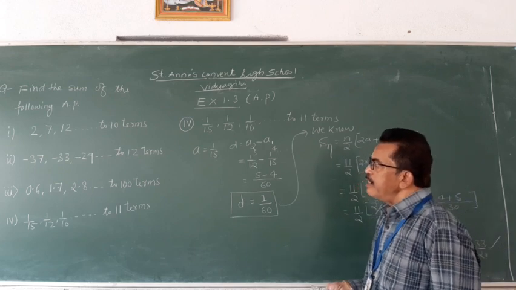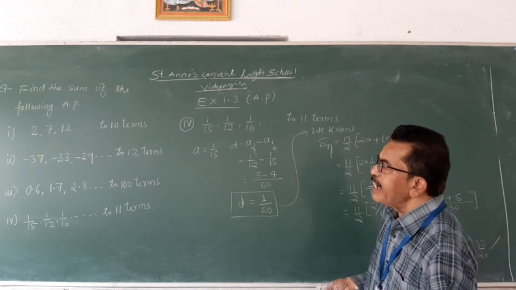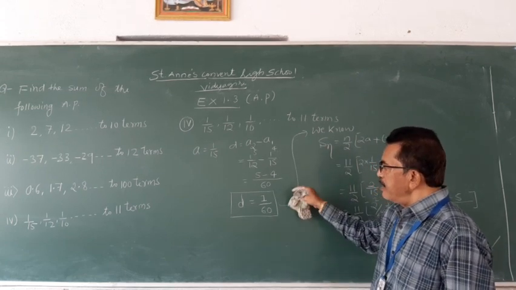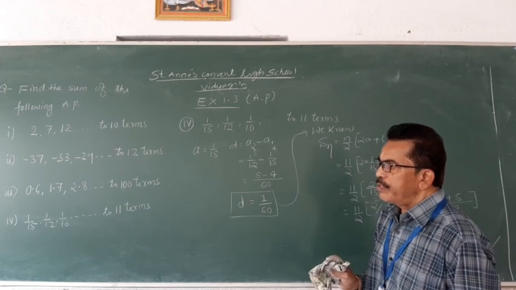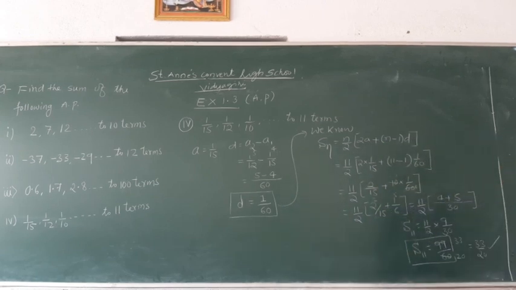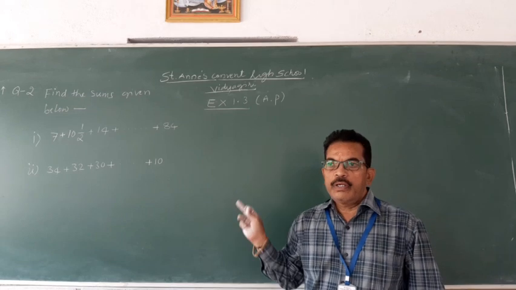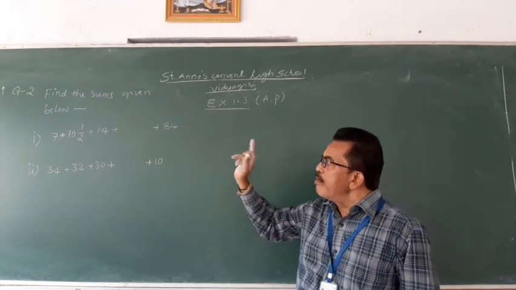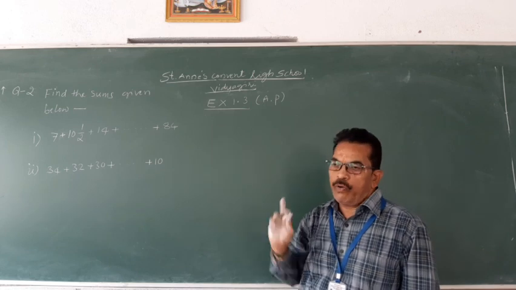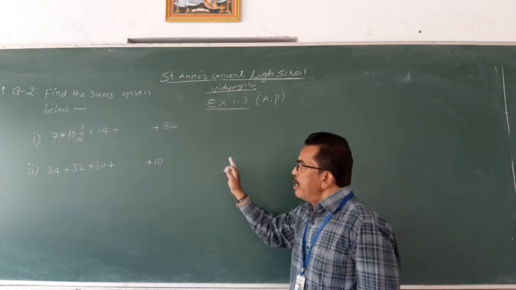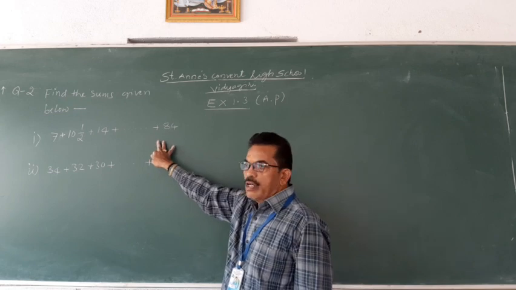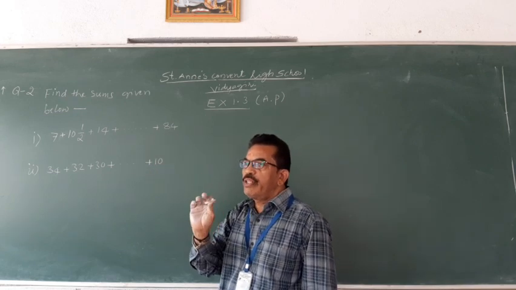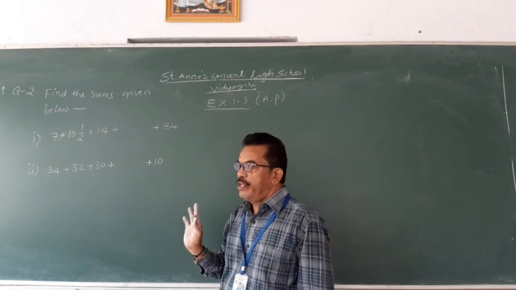In the second mains we have little bit different APs. We have to find again the sums of the given terms. See here, exercise 1.3 second main: find the sums given below. I have written two sums on the board. Just observe the difference between the previous question and this question.